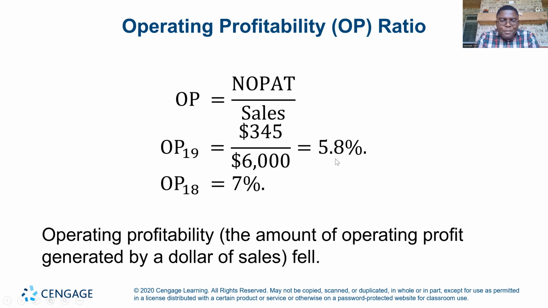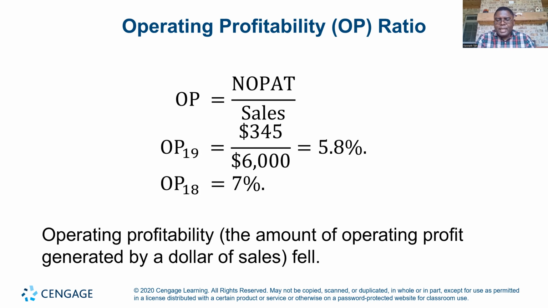If we do the same for 2018, the operating profit is at 7%. So what we find here is that operating profit is dropping. The amount of operating profit generated by a dollar of sales falls as the company moved from 2018 to 2019.